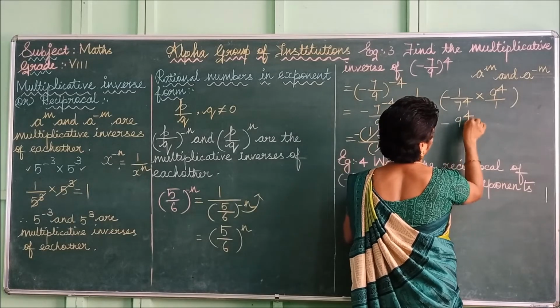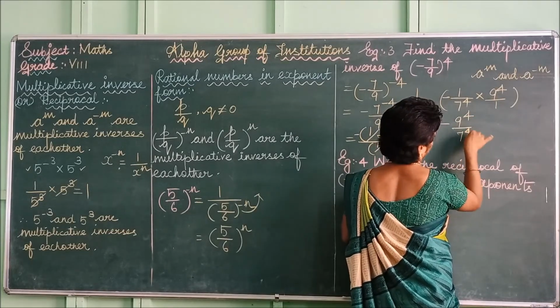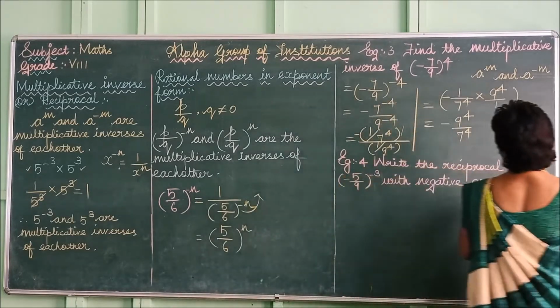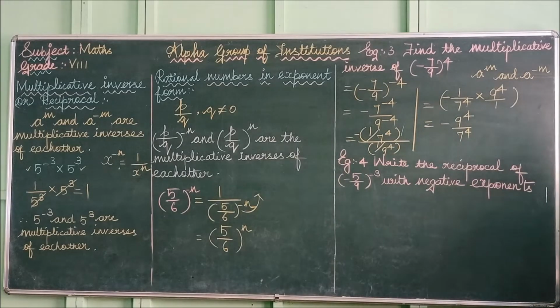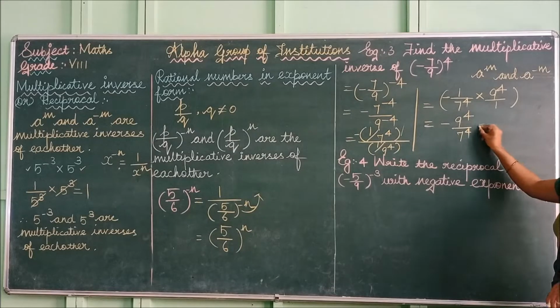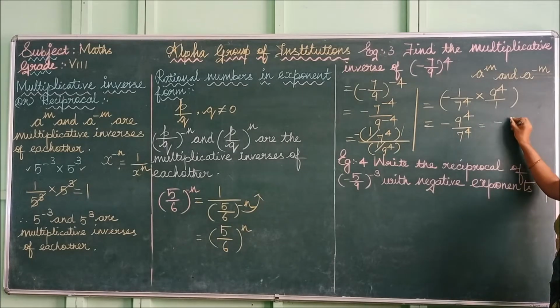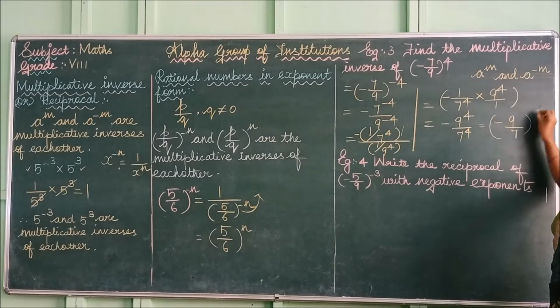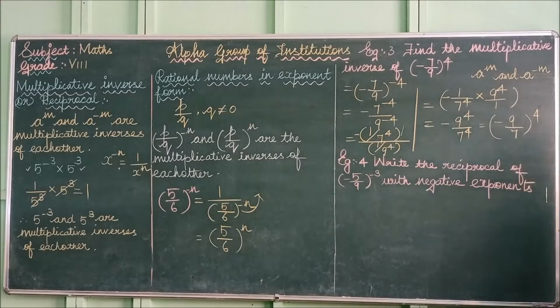So 9^4 divided by 7^4. So this negative will be taken out, and then we can write the answer. So this is the answer for that one.